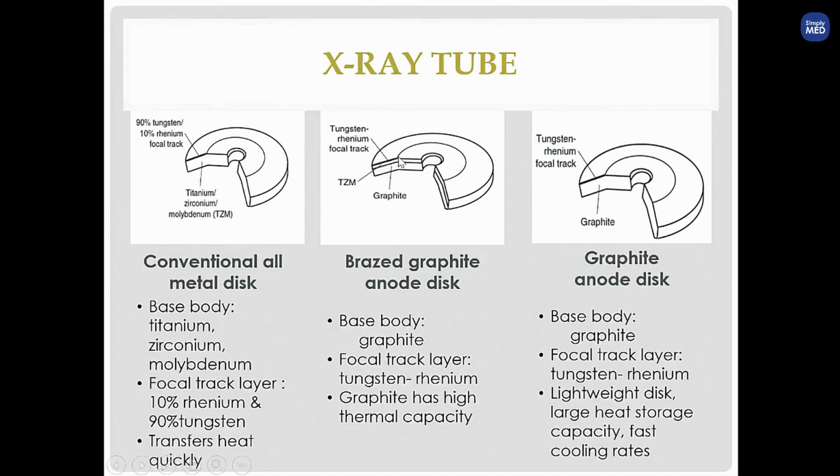This is your tungsten rhenium. And then we have the graphite anode disc, where the base body is graphite and the focal track layer will be tungsten rhenium, and they are lightweight and have a large heat storage capacity.